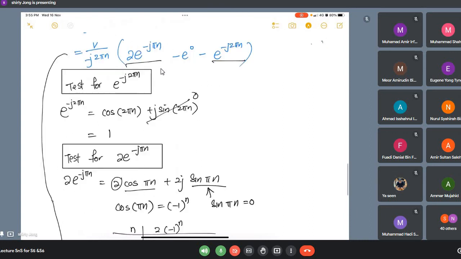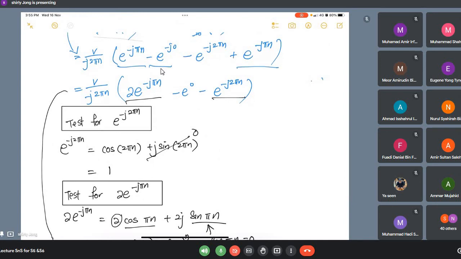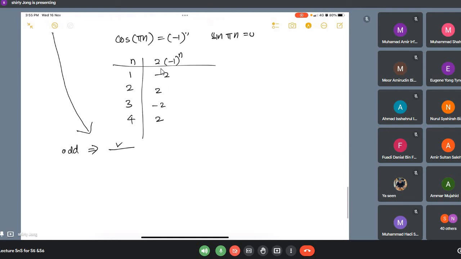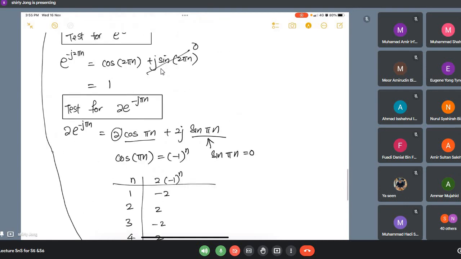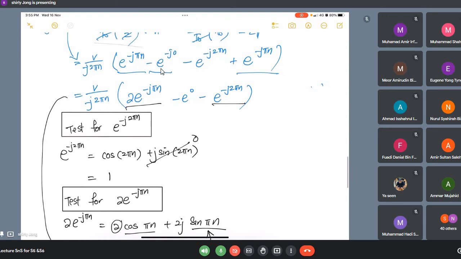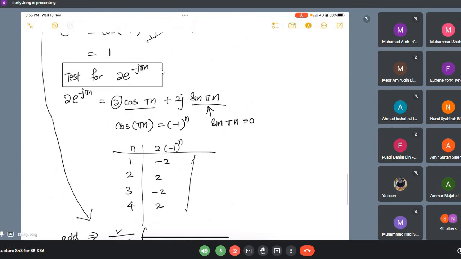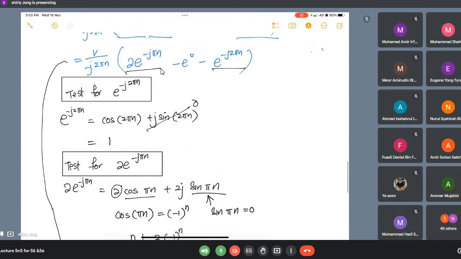Okay, so v over minus j 2 pi n. We are continuing from here. So what do you get? Just now is 2 exponent minus j pi n, right? This is the value you obtain. And then for this part, only you get 1.